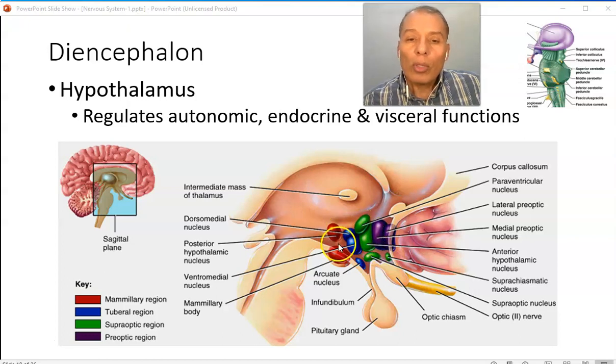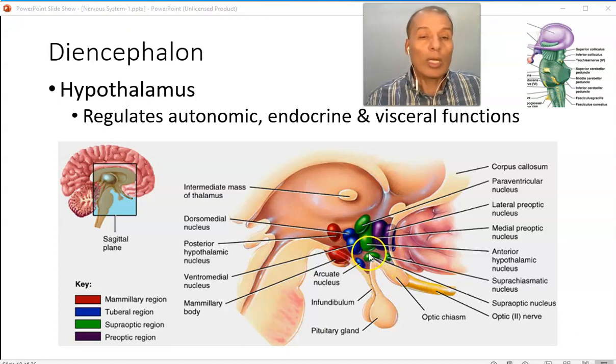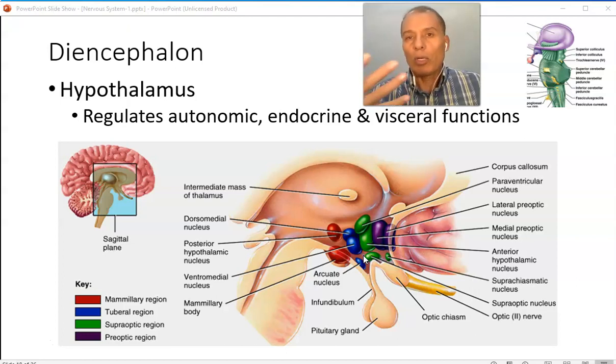It also makes hormones like vasopressin. It makes sexual hormones known as gonadotropic hormones to enable the body of a child to transition, to grow features like a male or a female.